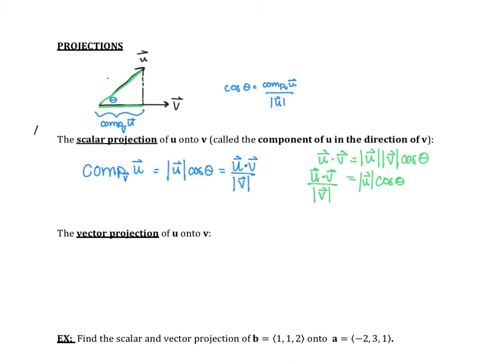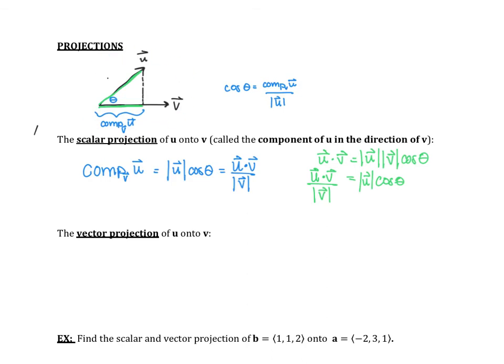Mathematically, the scalar projection is part of the vector projection. It's merely multiplied by the unit vector in the direction of v. So let's look at what that looks like pictorially. We have this picture up above that we can see.